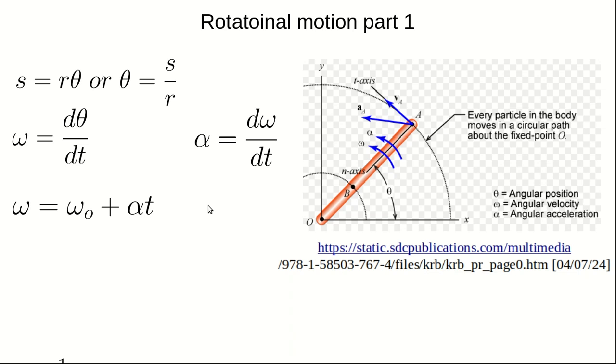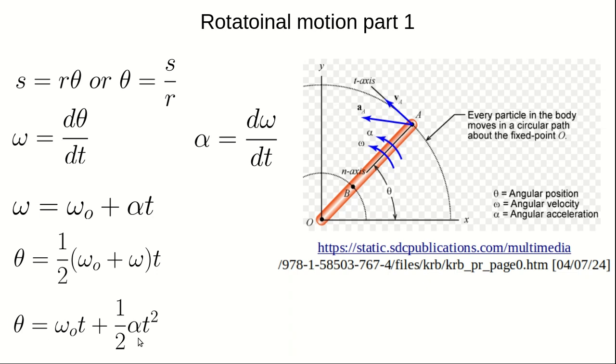Okay, so we can look at another equation which we are familiar with in linear motion. This is our theta, the angular position, equal to half of initial angular velocity plus final angular velocity, times time. Then another formula we are familiar with is this one too. Then we also have this particular formula.